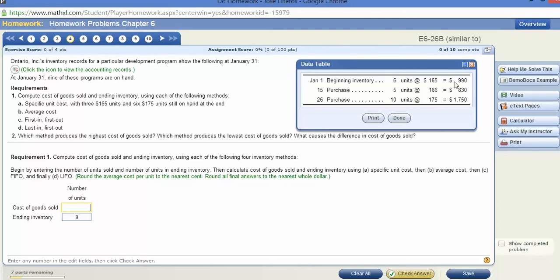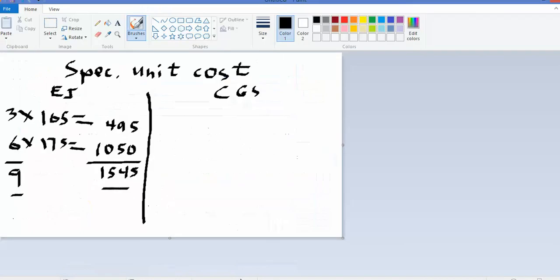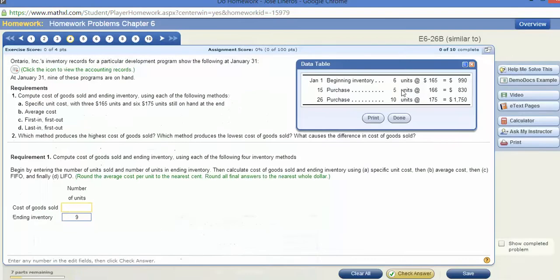If the other 3 had not been sold, they'd be here in ending inventory, right? It's telling you what ending inventory is. So 3 at 165 were sold. But you'll remember it's a nice convenient 495, just like before. 3 were sold, 3 were kept, equals 6.